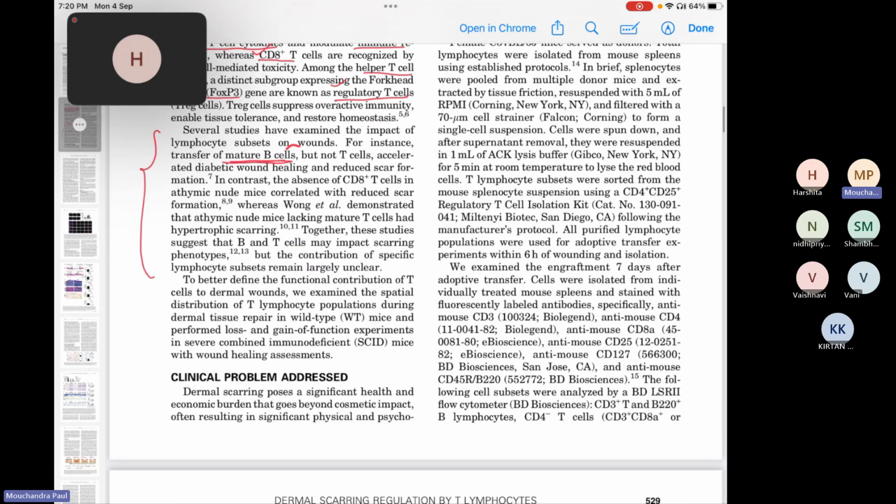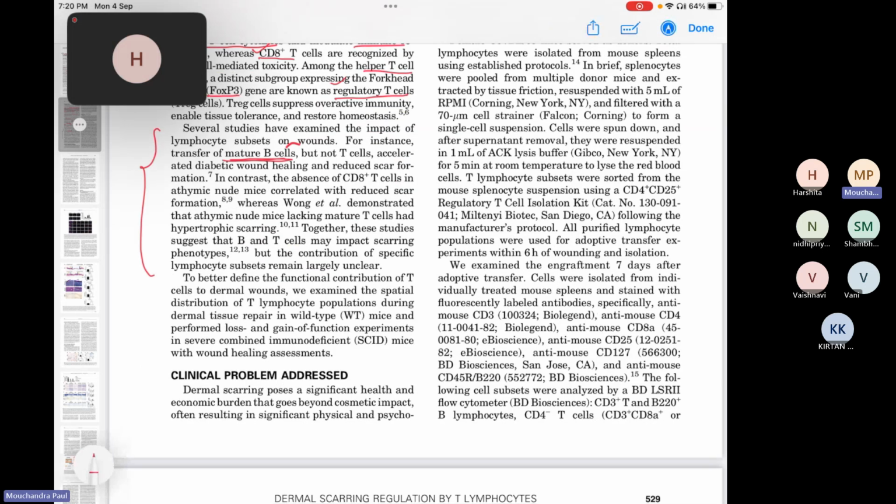So what they are going to do in this paper is first examine the distribution of the T cells in the wound area over 30 days. They are going to do it in wild type mice, where the immune system is intact and all the cell populations are present, and compare it with mice lacking lymphocytes.